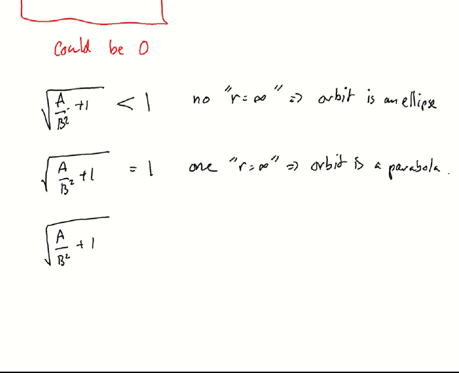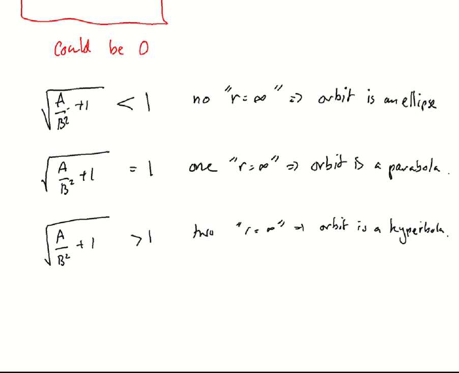So if it's bigger than 1, we have r equals infinities, which would mean the orbit is a hyperbola. That we see, I think, very much in comets and bodies from the depths of the solar system, from places like the Oort cloud.